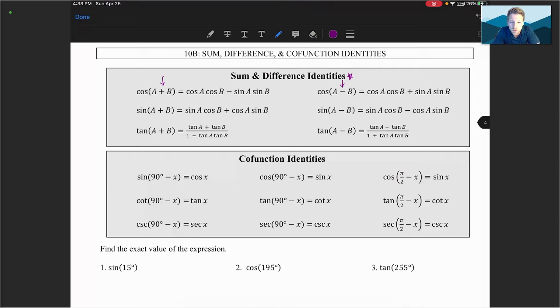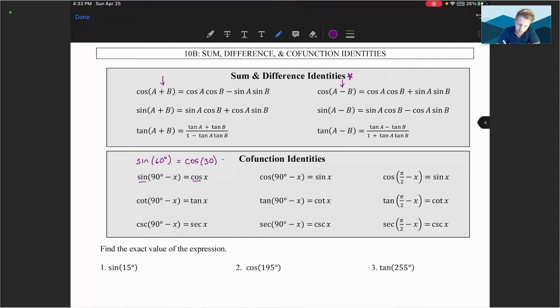We also have the cofunction identities. So sine and cosine are cofunctions with each other, meaning that sine of 90 minus x is equal to the cosine of x. And just as an example, we know that sine of 60 degrees is the same thing as cosine of 30 degrees.